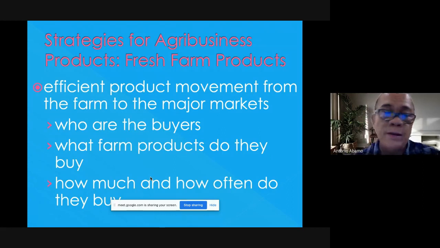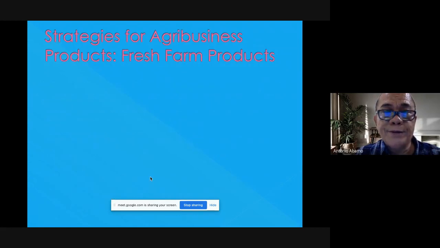That's why the farmers, when they think that they cannot satisfy the volume and consistency requirement, will sell to other buyers. But still a good price, though not the price offered by this upscale market or upscale buyers.